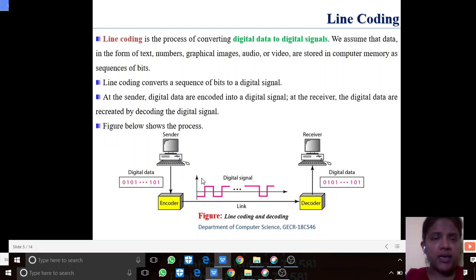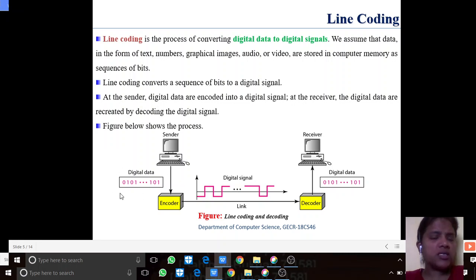At the sender, digital data is encoded into a digital signal. You can see the sender encodes digital data, zeros and ones, into the digital signal. Here 0 is at a level below the time axis, and 1 is above the time axis. In one form of line code, there are different line coding schemes. Here it shows one of the signal encoding schemes.